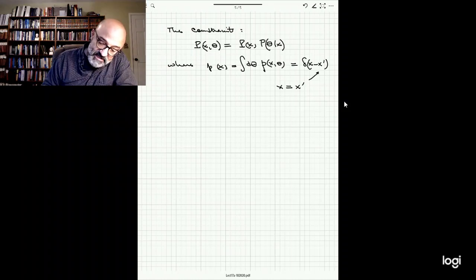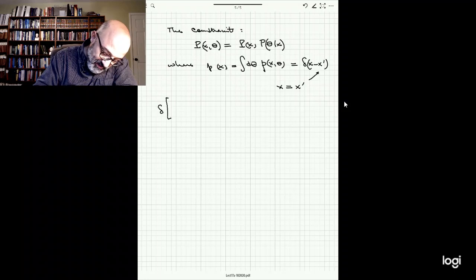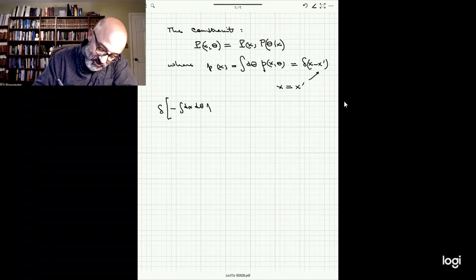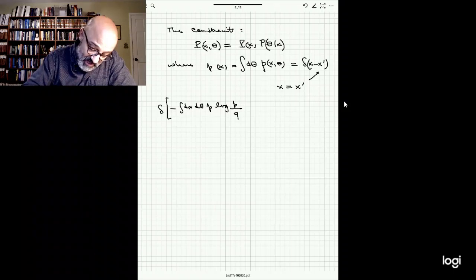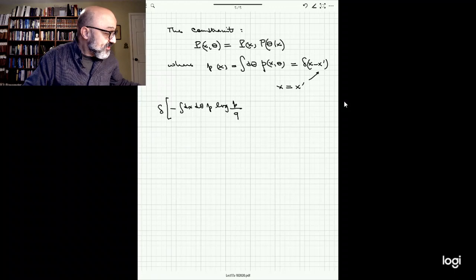Very good. So let us put this into the maximum entropy calculation. So we're going to say that the variation, dx d theta, let me put the joint, the log of p. Here we're going to put the joint prior. And now we're going to say, okay, we would like these to be normalized.